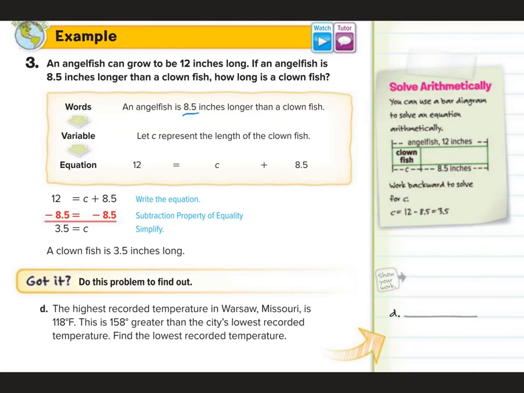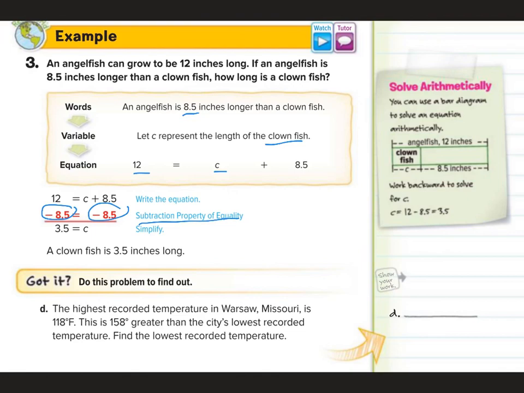Let C represent the length of the clownfish, so C for clown. And they said 12 equals C plus 8.5. Then they solved it. They subtracted 8.5 from both sides, using the subtraction property of equality. And they got 3.5 equals C.